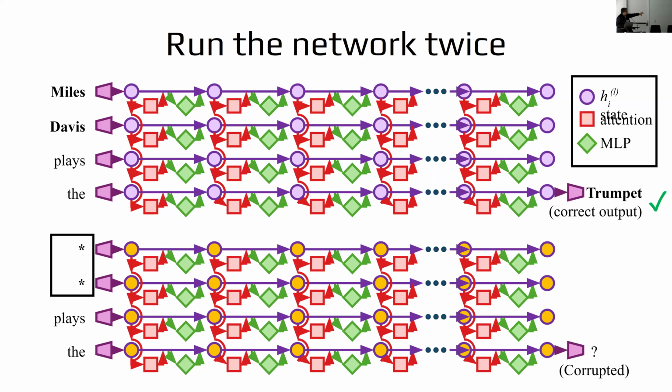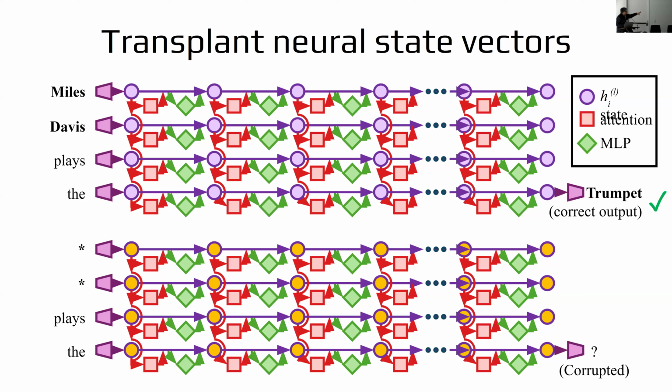So we put in noise where there's essential input information like the words Miles Davis, and then on the output of the network, it's unable to predict trumpet properly. And then we can ask, well, certainly if we fixed Miles Davis, it would make the second run work correctly.